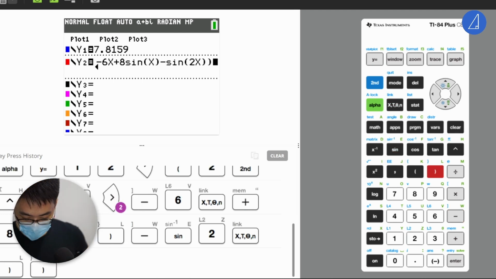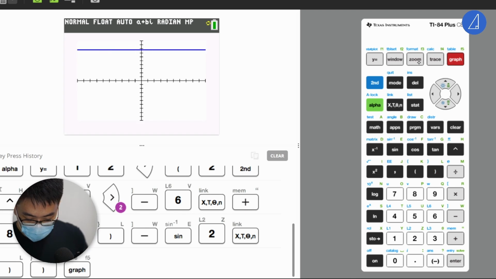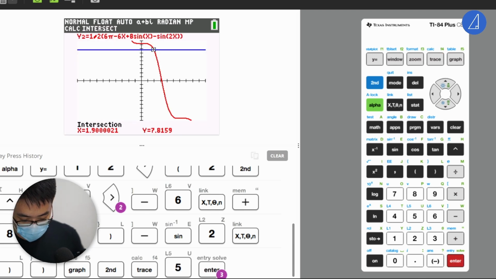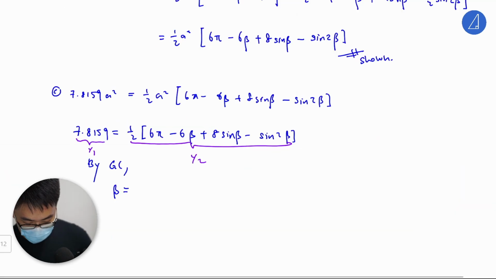Okay. Graph it. Okay, there you go. That's my solution there. 1.90. Oh, nice.